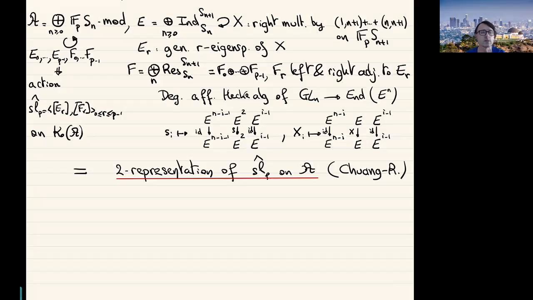So you can forget about symmetry groups, look at general abelian categories, and you can answer a problem about the specific abelian category involving representations of symmetry groups by recasting the problem into the more general framework, eventually of two-representations of SL2. And we could solve that problem by reducing it to the case of a simple representation of SL2.